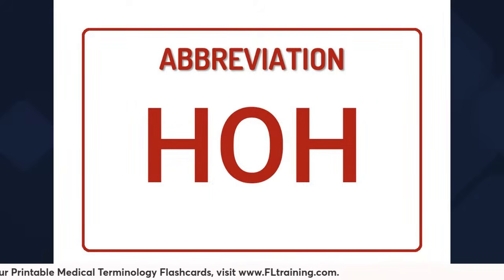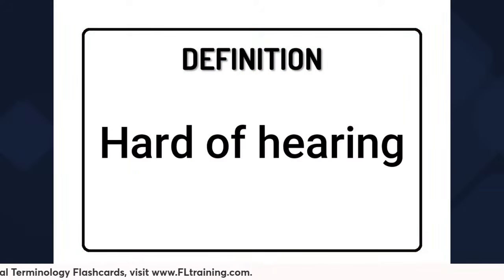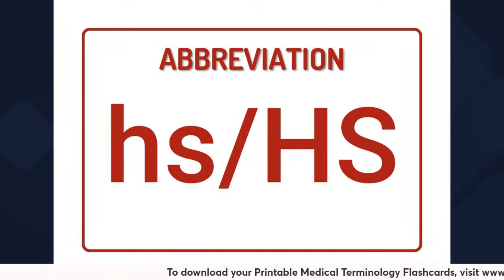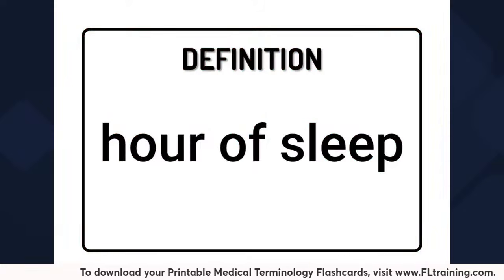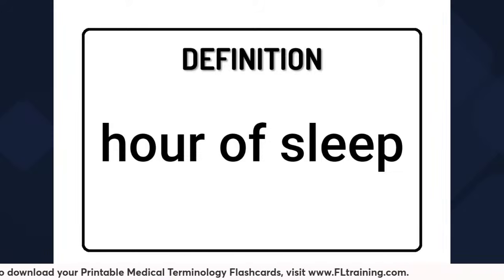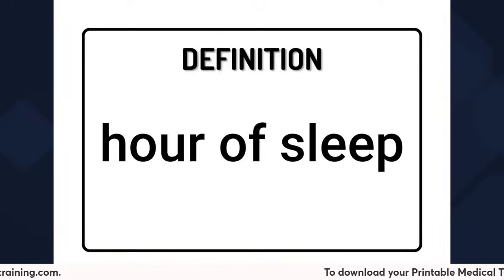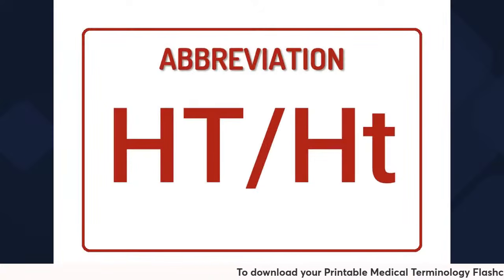HOH means that your resident is hard of hearing. HS, whether it is lower or uppercase, means hour of sleep. Your diabetic patients may have an order for an HS blood sugar check and an HS snack to make sure their sugars don't drop while they're sleeping.